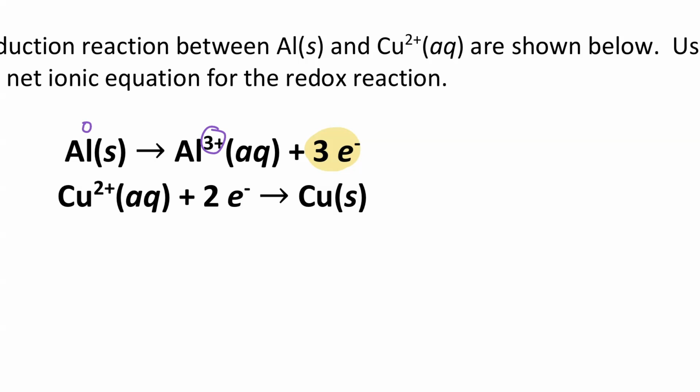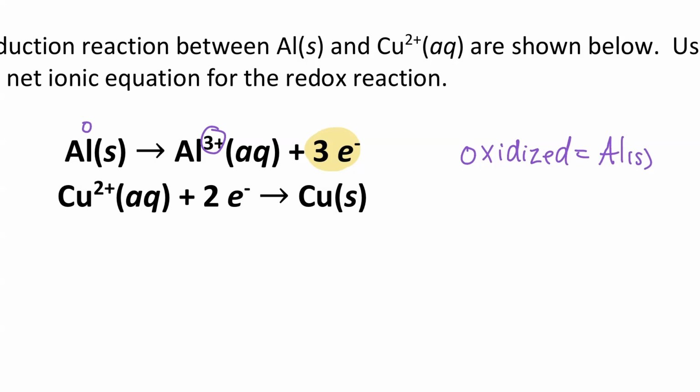That's an increase in oxidation number. Both of those are signs. We're going to say that what is oxidized is the aluminum metal. Either one of those two clues can tell you that.